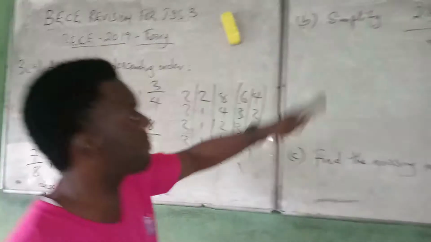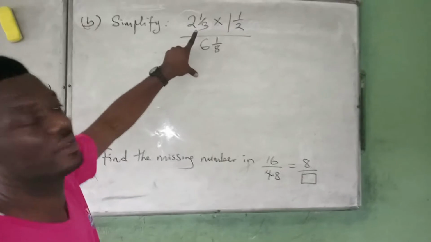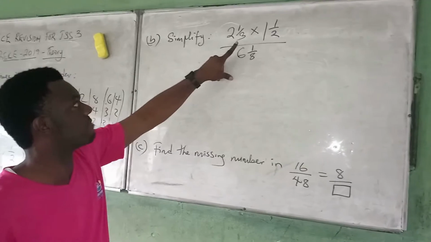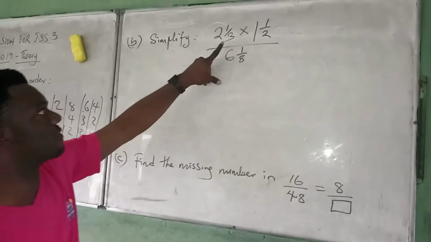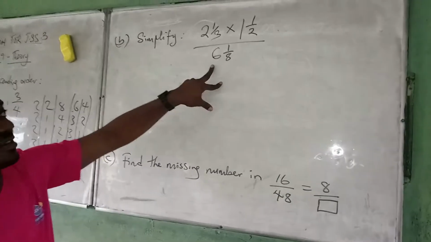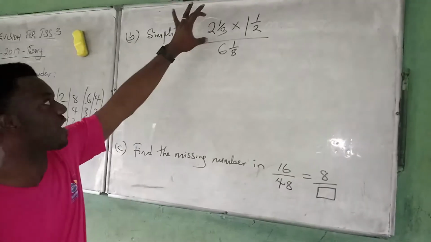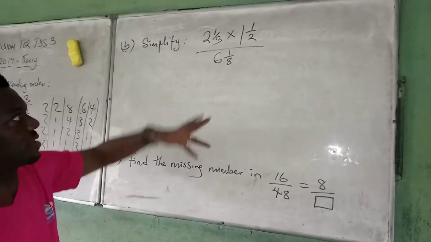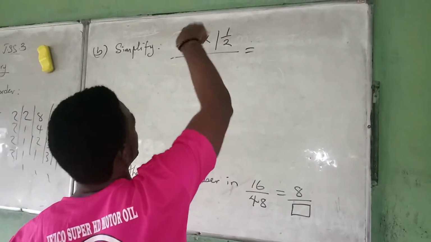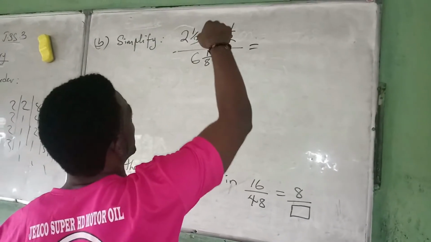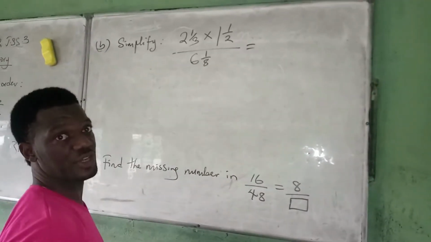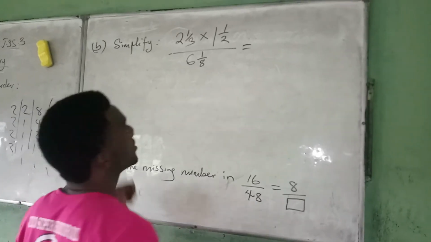So the B part of it, we have to simplify: 2 1 over 3 times 1 1 over 2, divided by 6 1 over 8. So first of all, you have to solve the numerator before you solve the denominator. Solving the numerator, you change the mixed fractions to improper fractions. To multiply mixed fractions, you must change them to improper fractions.